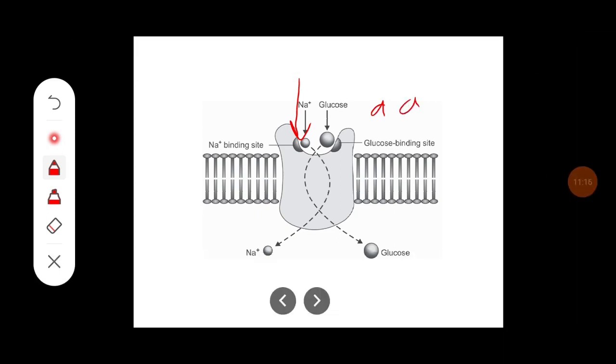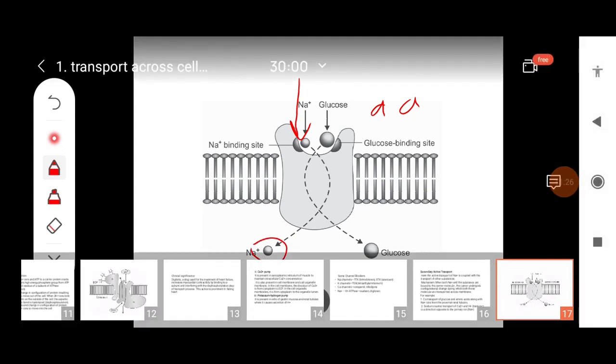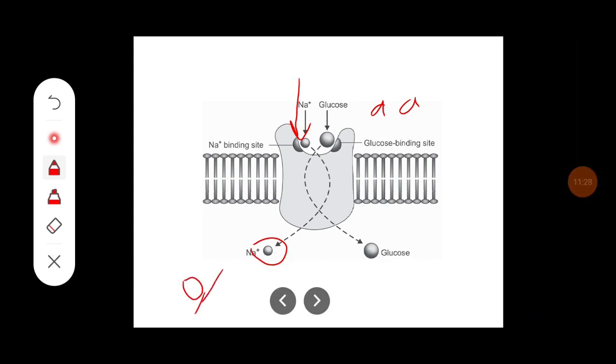The movement of sodium occurs mainly because of the concentration gradient created for the sodium because of the sodium potassium pump activity at the basolateral membrane, which pumps 3 sodium ions out and brings 2 potassium inside. That creates the concentration gradient for the sodium.